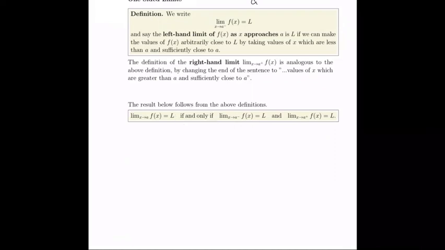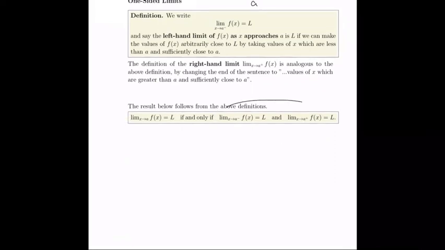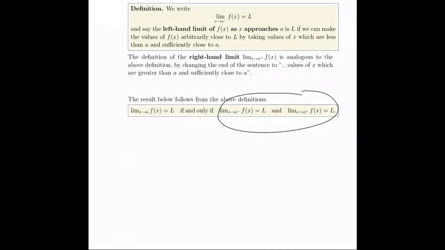Now this language means this. It means that if this is true, then these two things must be true. And vice versa, if these two things are true, then this must be true. So that's what if and only if means, right? It's an equivalence statement, or a logical equivalence.